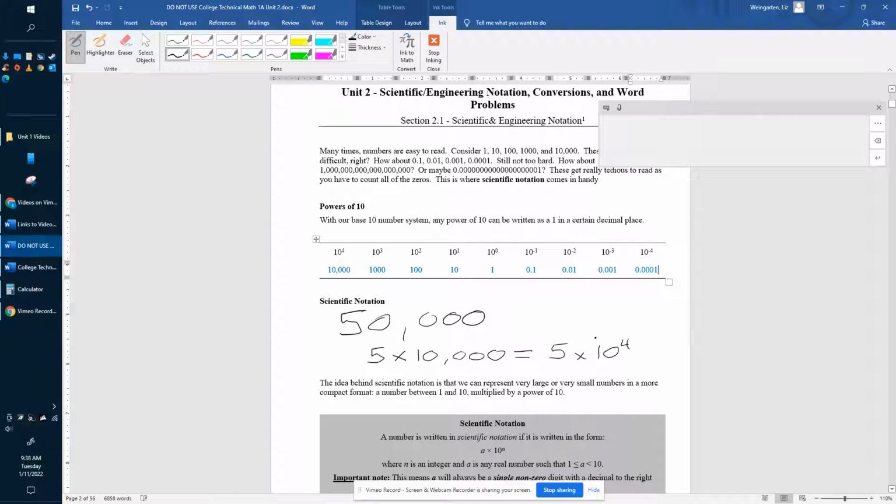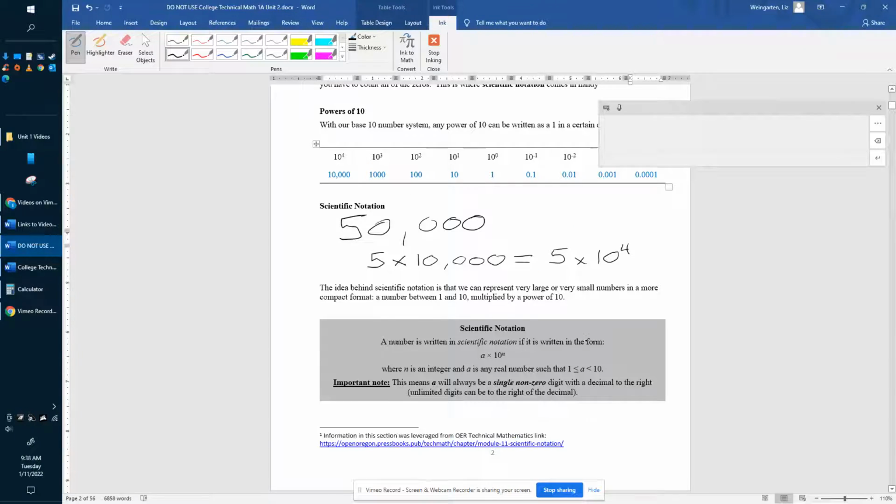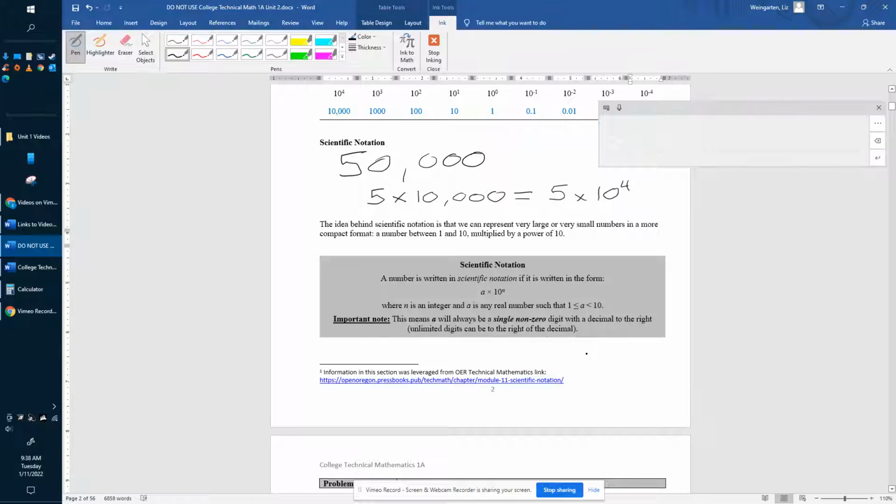And that leads us into our definition of what scientific notation is. So a number is written in scientific notation if we have a constant, and remember a constant is pretty much any number, but that number has to be a single digit. It cannot be 0. It has to be at least 1, and it has to be less than 10.